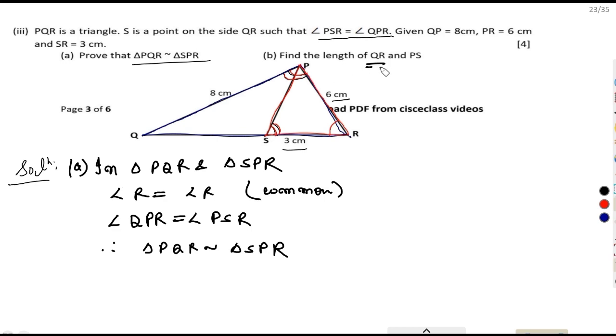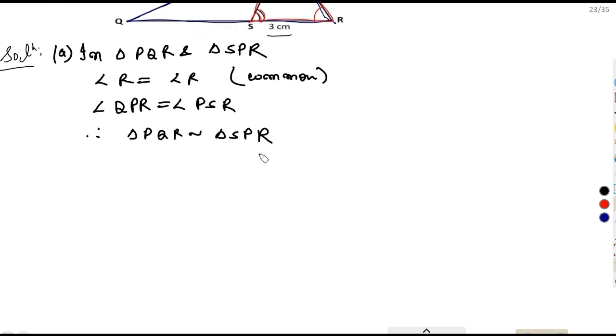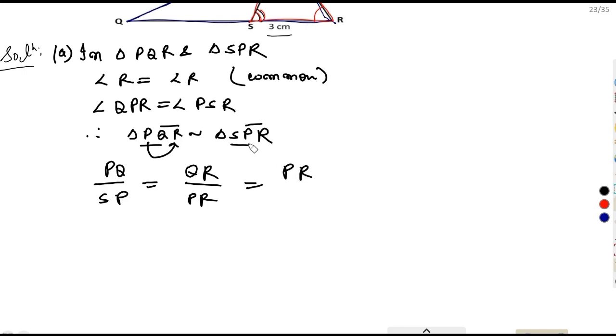We have to find the length of QR and PS. Sides of these triangles will be proportional. It means PQ upon SP is equal to QR upon PR is equal to PR divided by SR.